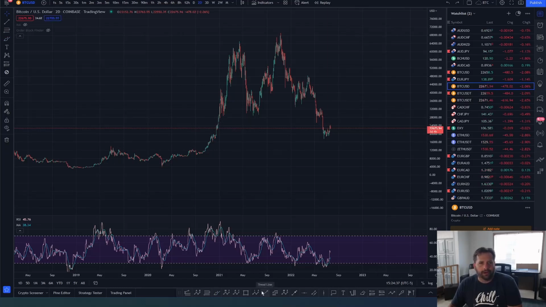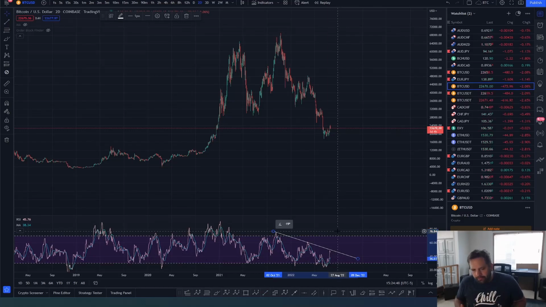Third anecdote here on the 2-day chart, you'll see this trend line on the RSI. You can see how we met this trend line on the RSI on the 2-day with resistance. That means the momentum of buyers is losing steam on the pullbacks, right?